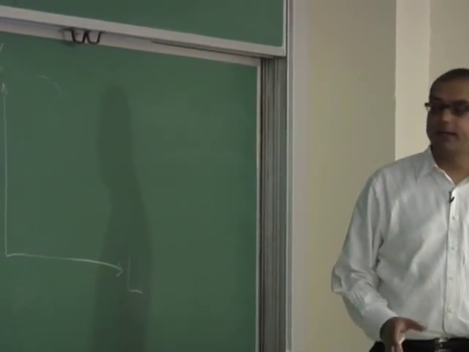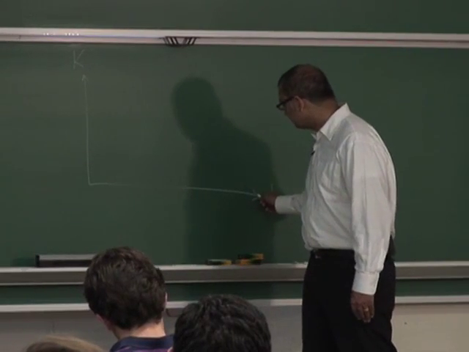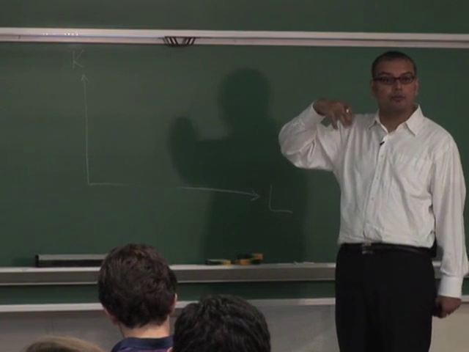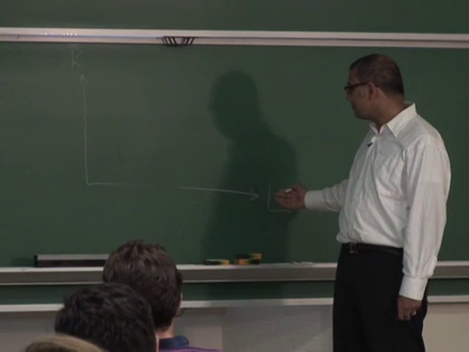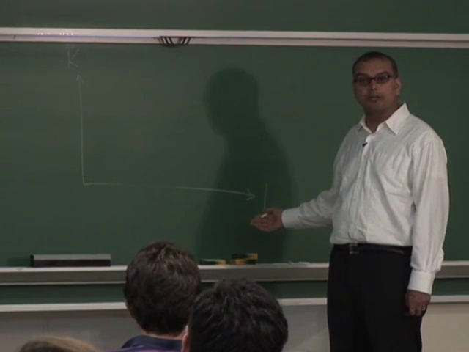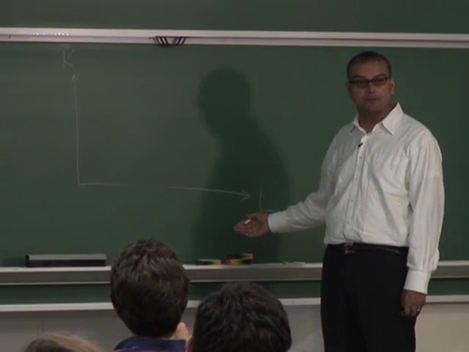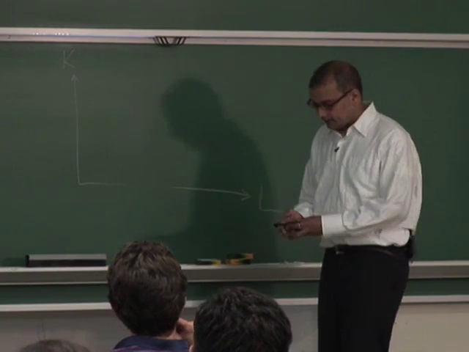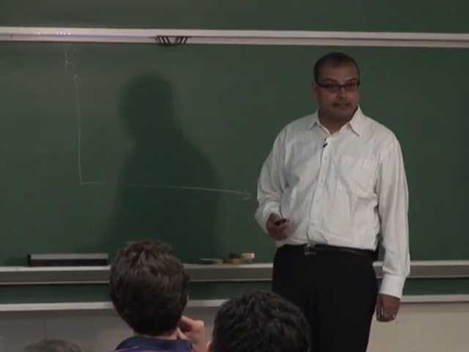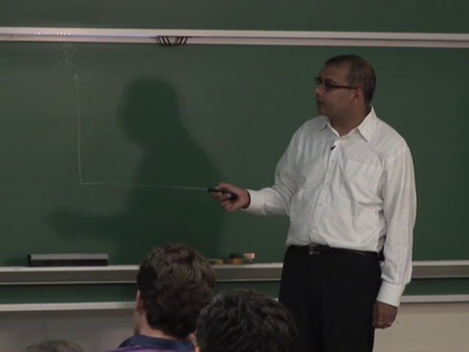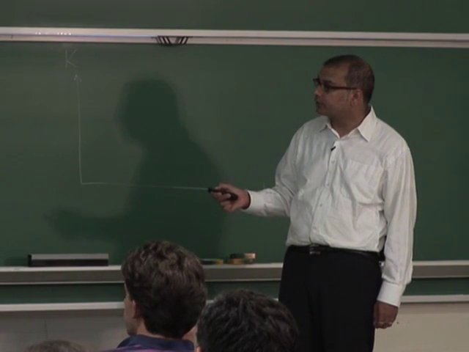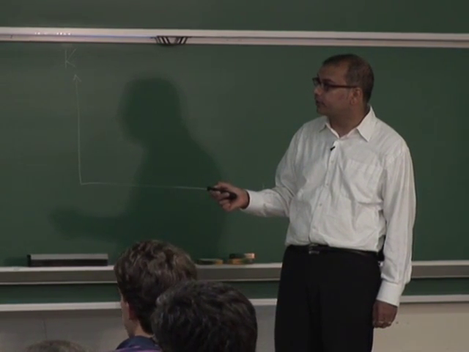So I'm looking down on the production function from above. This is a map of all combinations of labor and capital such that output is equal to 600.